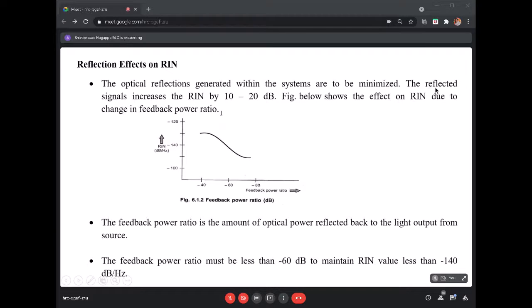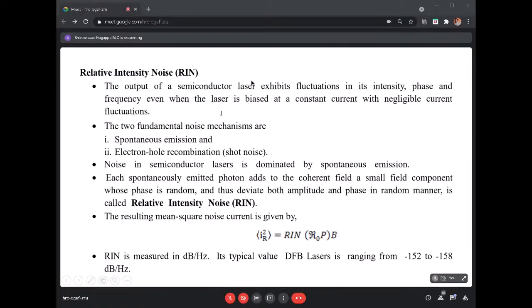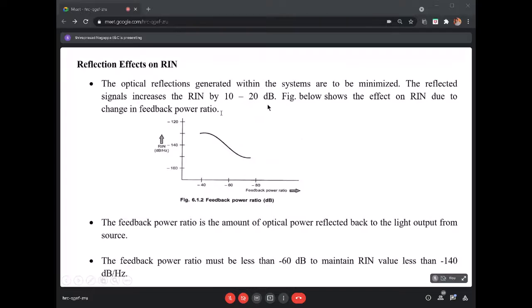Otherwise, the signal increases the RIN, the relative intensity noise, by 10 to 20 dB. Here in this diagram, it is a plot of feedback power ratio versus RIN.